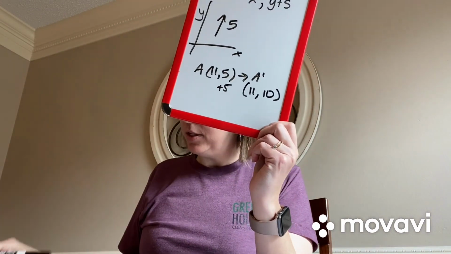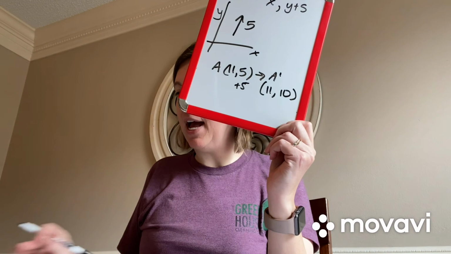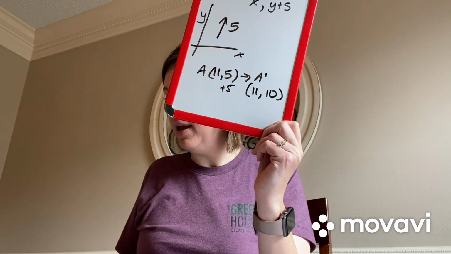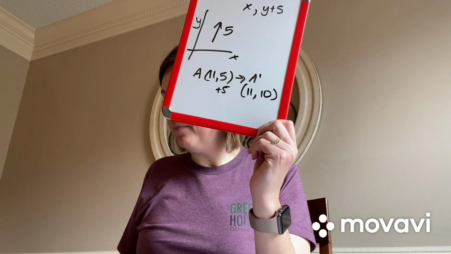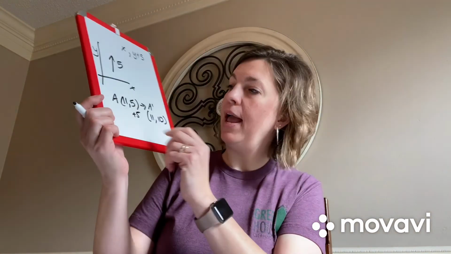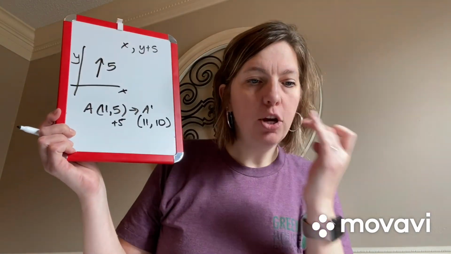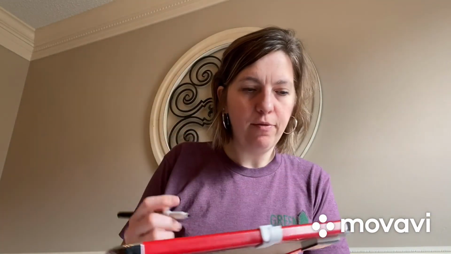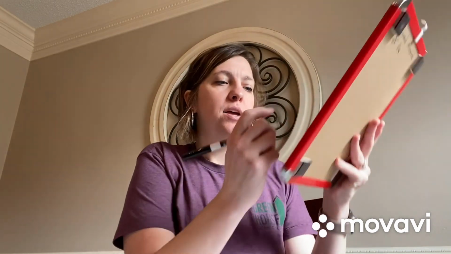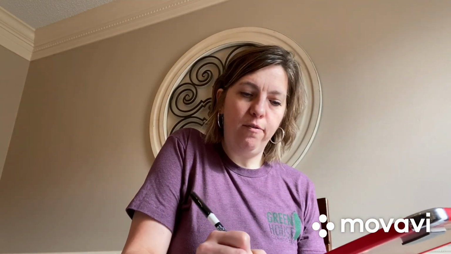All right. So it's very important to understand what it's asking of you and then see what to do there. So A1 would just be 1,10. So you do the same thing with the next point. So B is 4,9, and I'm moving it to B1. So I'm just adding 5 to the Y. So it would be 4,14.